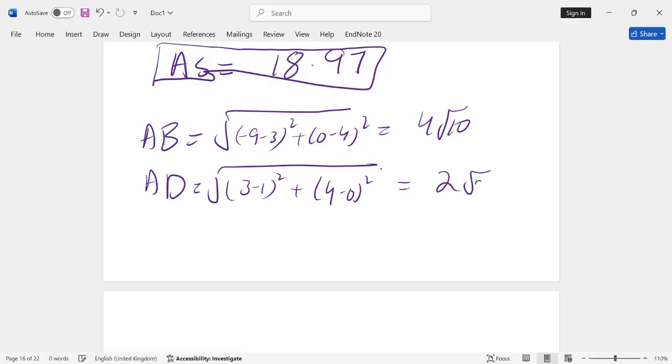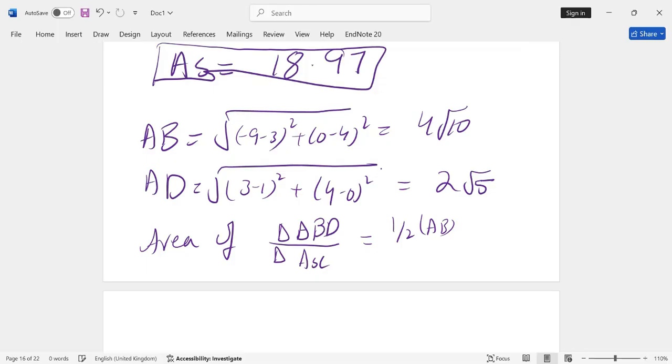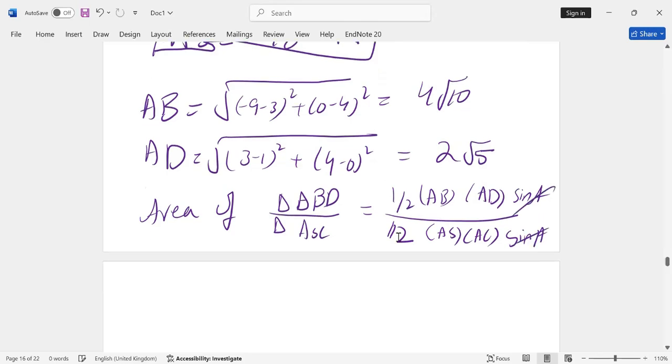Okay, now we have to find the area of triangle ABD over the area of triangle ASC, which equals 1 by 2 AB times AD sine A, divided by 1 by 2 AS times AC sine A. The sine A cancels out, and the 1 by 2 also cancels.